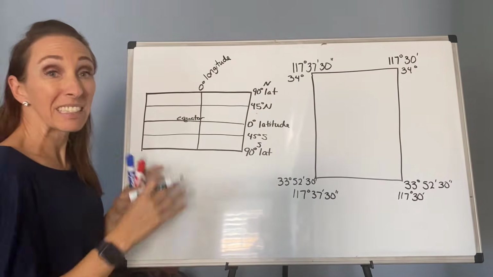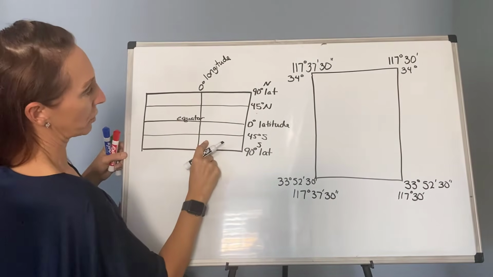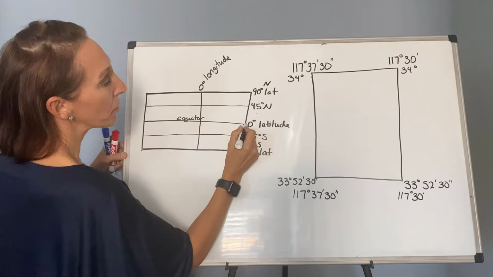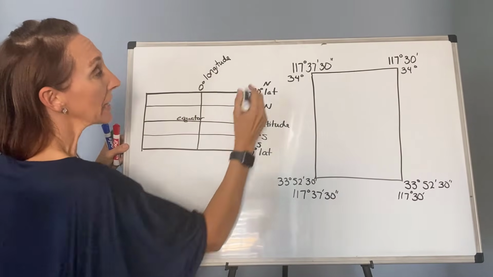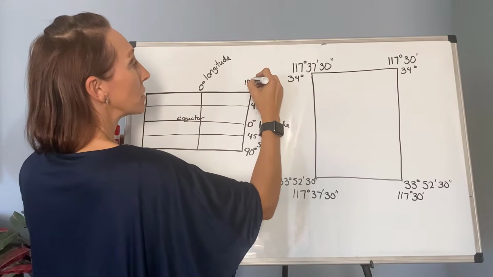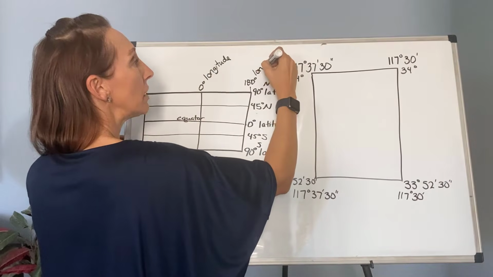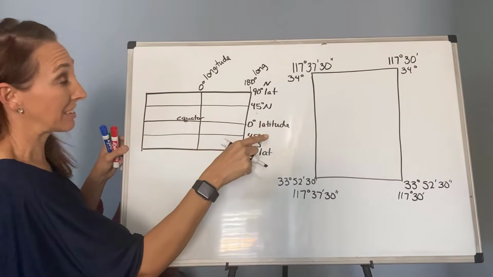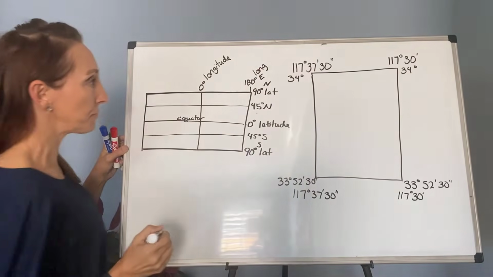And then we go degrees east and west from there. So all the way, and that's not quite centered, but you get the idea, all the way to the back side that would fold around to the back, that would be 180 degrees. So 180 degrees. And this would be longitude. So longitude again, and that would be east of our prime meridian. So that would be east there.